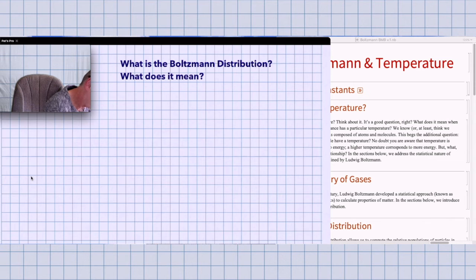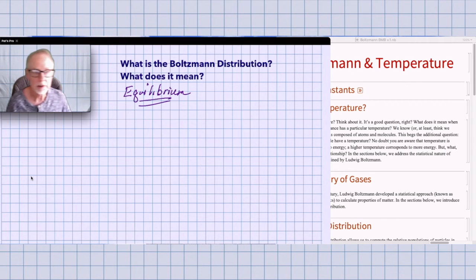So that's actually the key here. We are talking about an equilibrium state. If we're not in an equilibrium state, then all bets are off in this situation.